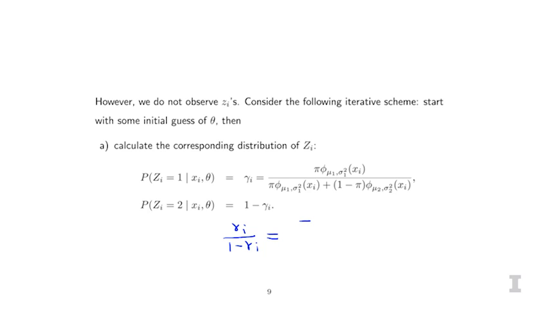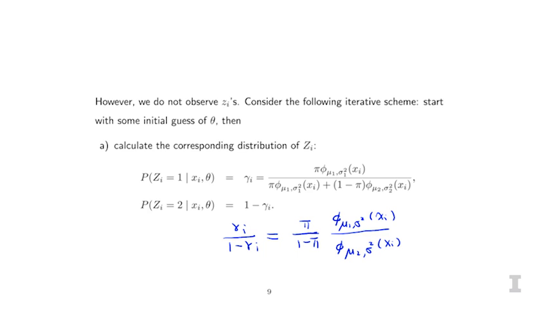It would be pi over 1 minus pi, the ratio of the prior probabilities, and then the density function of the first component versus the density function of the second component. Now, to simplify our discussion, I'm going to assume my thetas, my sigma squares, are the same.